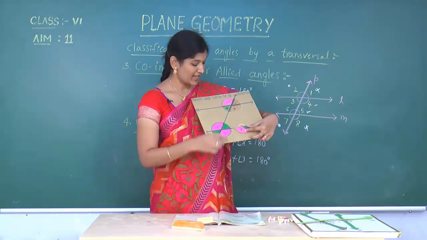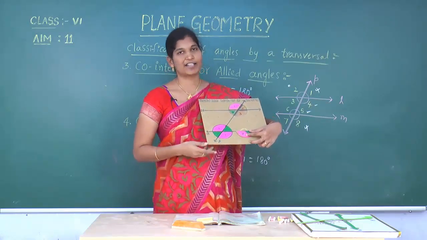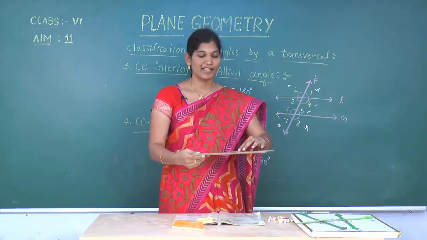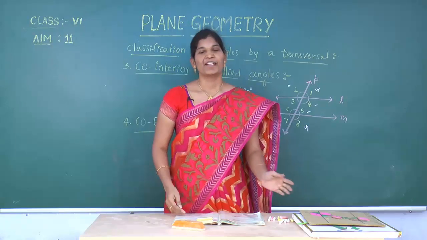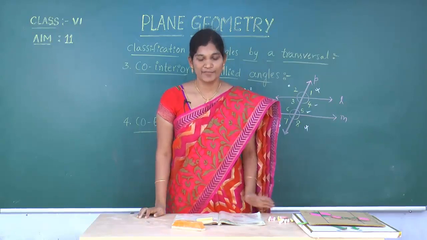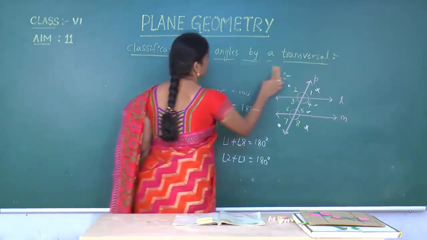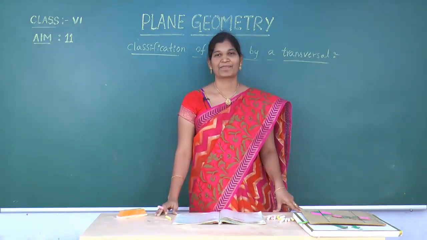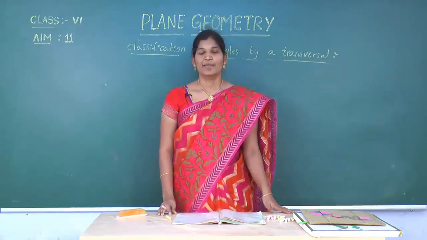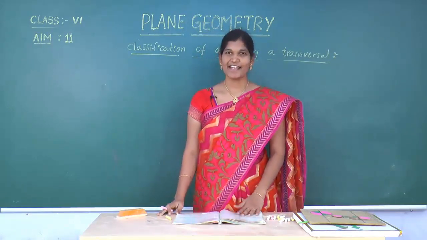In this way we can take co-exterior angles also. Sum of co-exterior angles also gives 180 degrees only. Let me do one problem from our aim. Based upon this concept, let me do some problems in this aim.